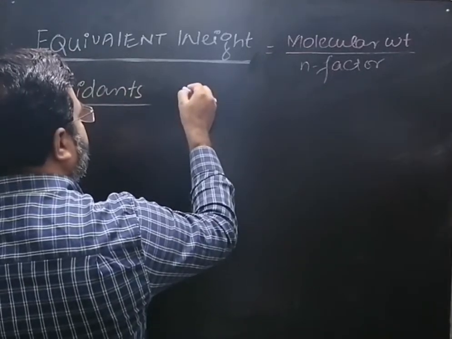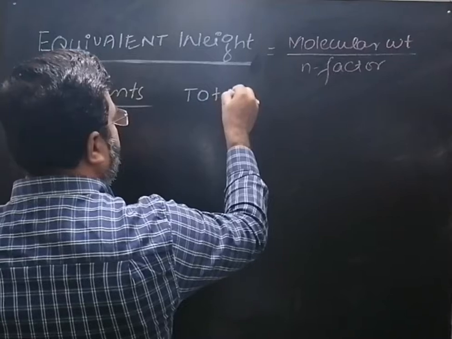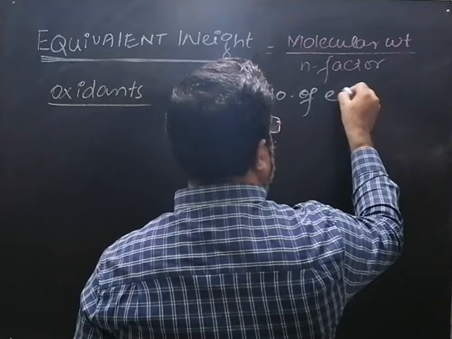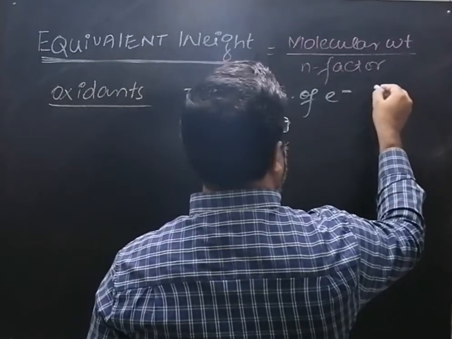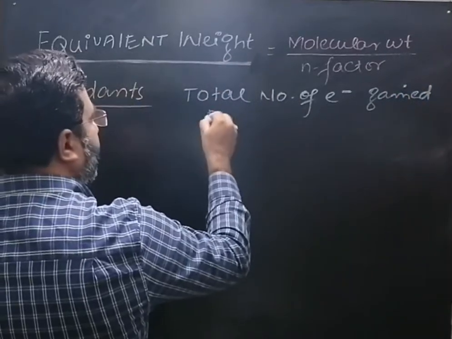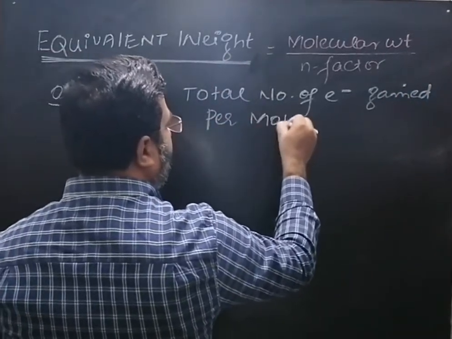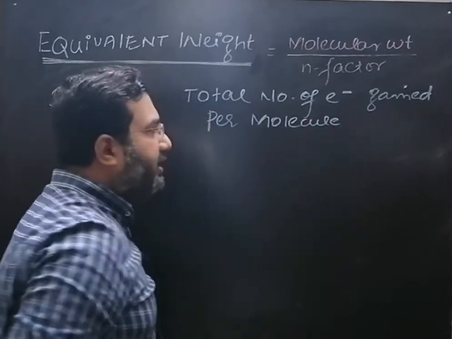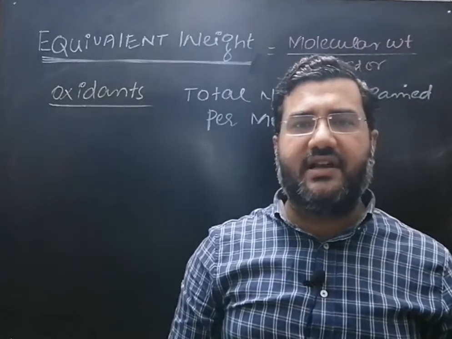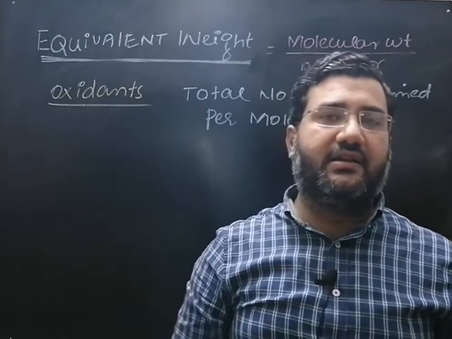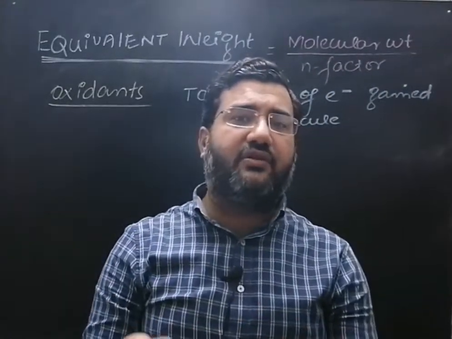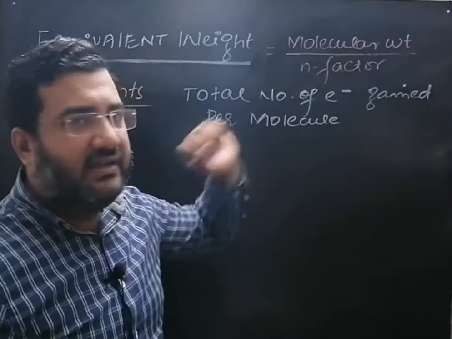N factor is actually the total number of electrons gained per molecule. How many electrons are gained by one molecule of the oxidant? You know that an oxidant is a species that oxidizes the other, but itself it is reduced. So when it is reduced, it will gain electrons, and the total number of electrons it has gained will be equal to its N factor.